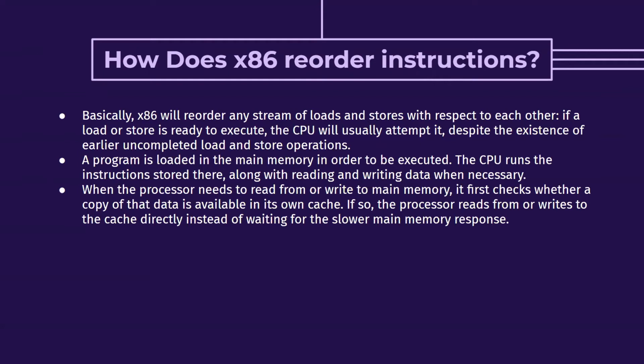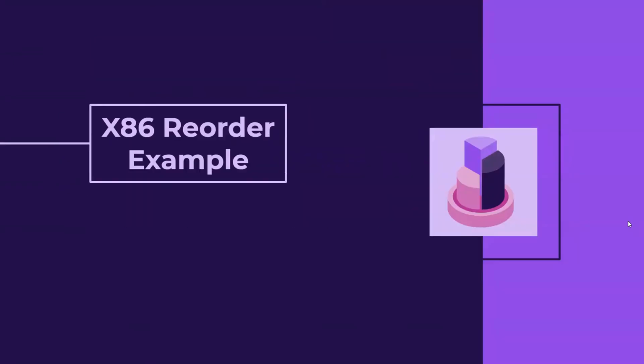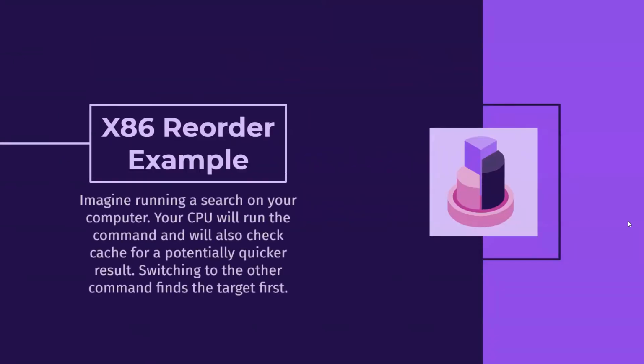If so, the processor reads from or writes to the cache directly instead of waiting for the slower main memory response. As an example of reordering, just imagine running a search on your computer. Basically, your CPU will run the command and will also check the cache for a potentially quicker result, switching to the other command, finding the target first.